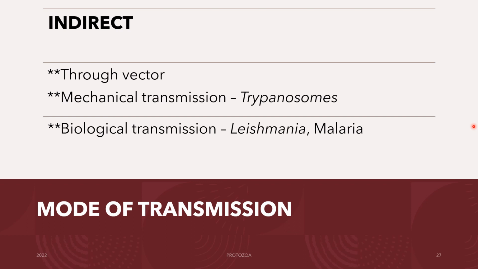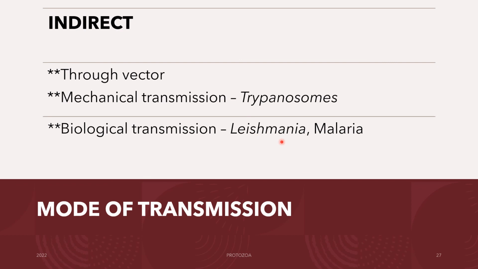We also have Trypanosoma cruzi, which can cause Chagas disease in humans, and this is transmitted by the kissing bugs, the Triatoma. We also have Leishmania. Leishmania can be transmitted via the Phlebotomus species, and Leishmania can cause leishmaniosis.